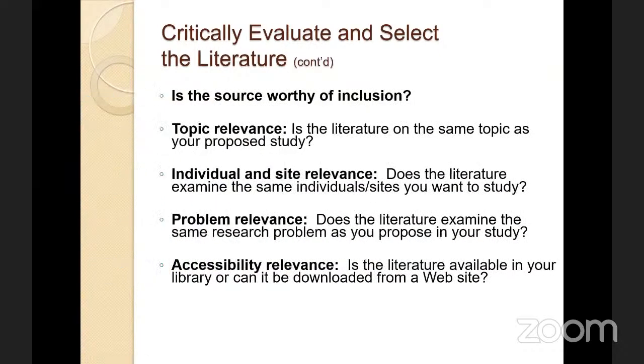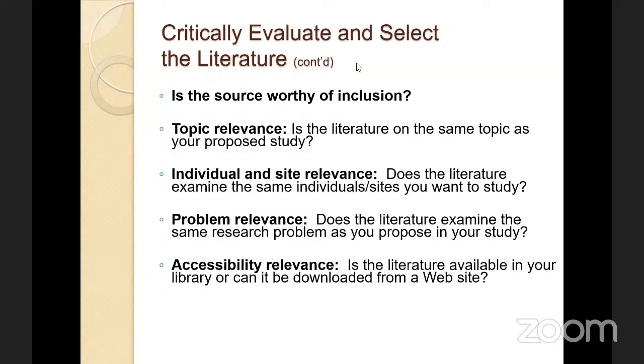Okay, so you also want to think about adding to your literature. Is the paper that you found on the same topic as you proposed? Is there a similarity between who you want to look at? So if you're doing something in Jamaica and there's nothing published in Jamaica, maybe you want to focus on publications in developing countries rather than developed countries.